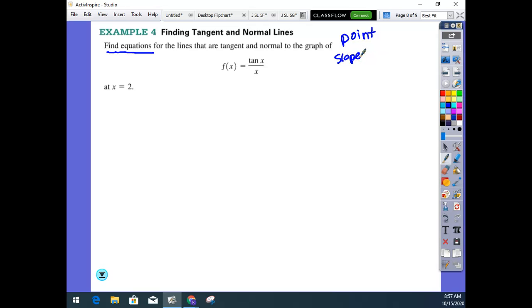So go ahead and get your calculator and plug this function into your y1, and then go back to your home screen, and let's find what this is when x is 2, because we're looking for it at x equals 2. y1 of 2. There we go.